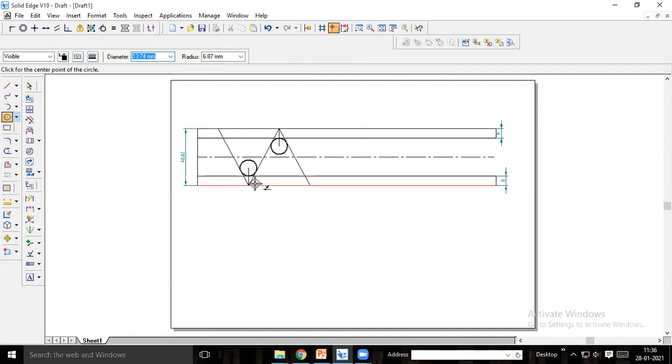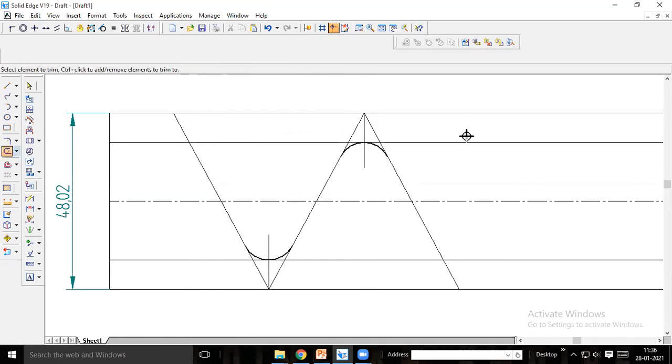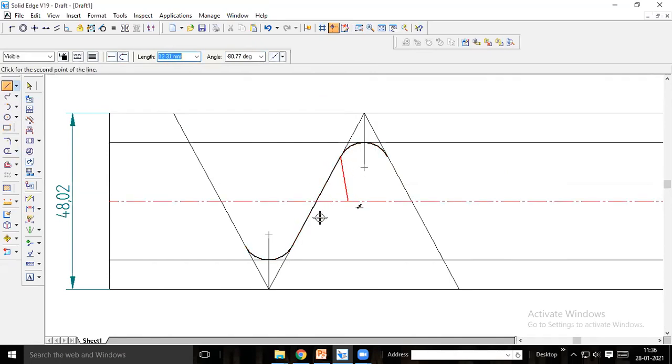Now what you have to do is trim the unwanted lines. I don't want this, I don't want this. I only want the curved end. Then with the help of the line command, I can extend from here to here with a visible line, again here to here.